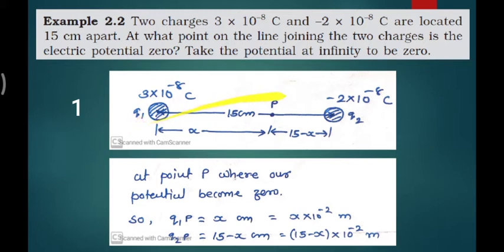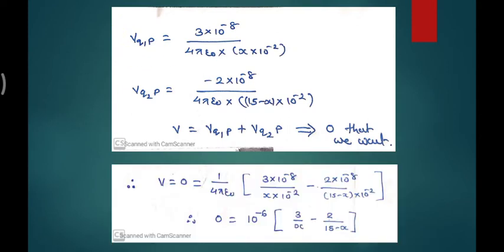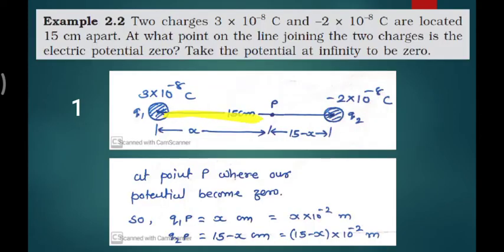q1 to P is x distance, q2 to P is 15 minus x. If you want to go in meters you can, otherwise you can go with x and 15 minus x centimeter. At the end you will get the answer in centimeter. The potential due to the first charge at distance x is q1 upon 4 pi epsilon 0 x. Sorry, it is kq by r only, not square.